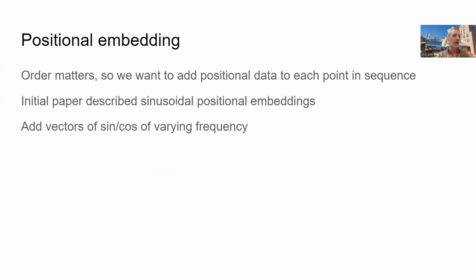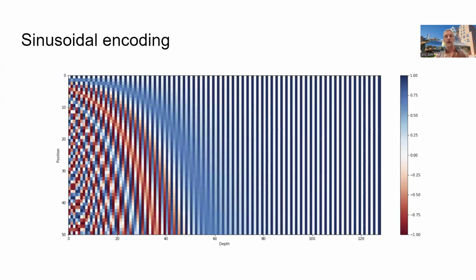Okay. All right. So I said I would talk about this positional embedding. I said it would be confusing. But it is true that order matters, so we want to add some positional data to our sequence. Basically what they did in the original paper, which ends up working fairly well, is they put in these sinusoidal position embeddings. They're basically vectors of sine and cosine of varying frequency as we move down the sequence.